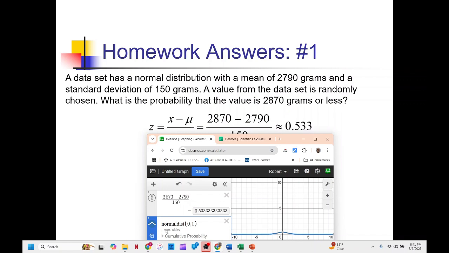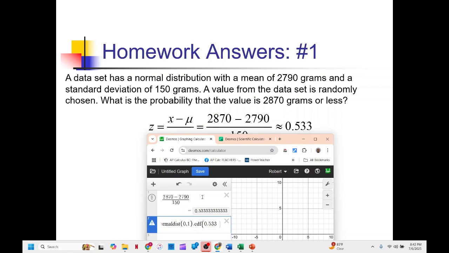This essentially gives us the standard normal distribution that has a mean of 0 and a standard deviation of 1. That's what all of that means. And then we do dot CDF, which is going to give us basically the percentage, the probability. And then let's plug in this 0.533, out to as many decimals as you want to go.